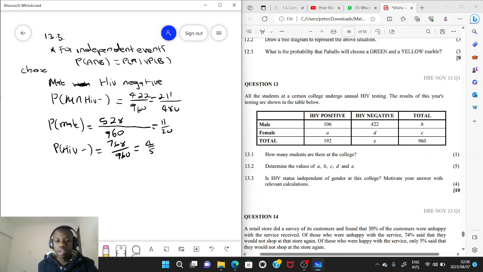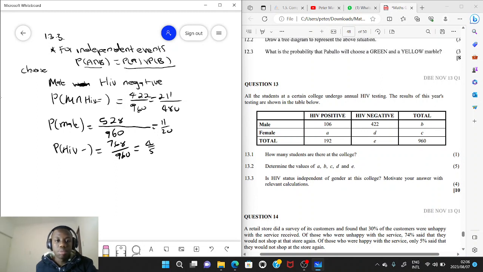Now here's the question, right? What do we do whenever we prove for independent events? Now we're able to find the left hand side. Now we have to deal with the right hand side.